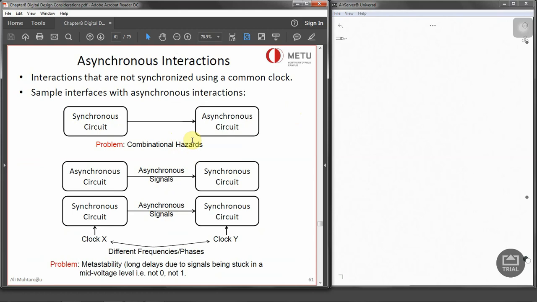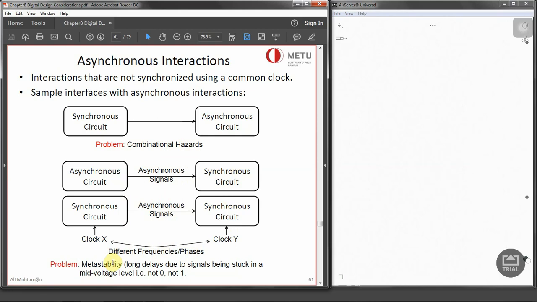We have various circuit topologies, like asynchronous circuit to synchronous circuit, where we have asynchronous signals going on, or synchronous circuit to synchronous circuit. There might be some asynchronous signals and they have different clock frequencies, so this might cause a problem, and that problem is called metastability.